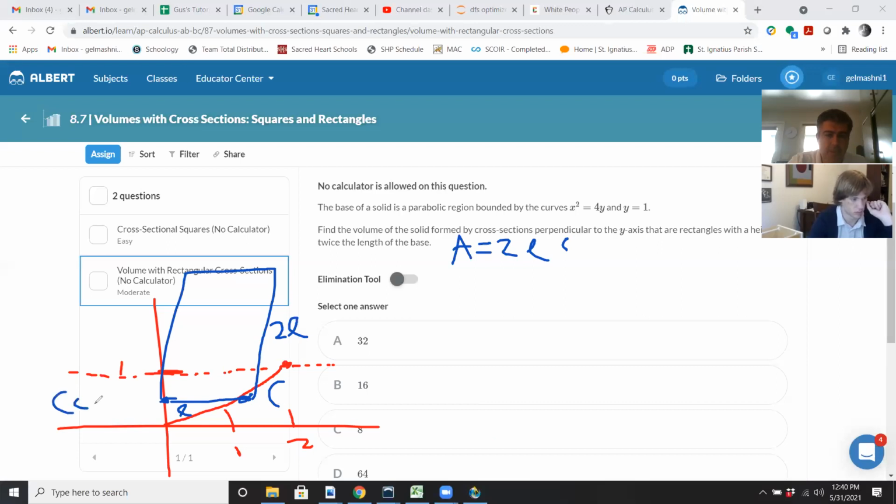So that's 0, comma y. And when you isolate x here, it's 2 root y. So go and figure out the volume for me. Remember, you're integrating this as x in terms of y, not the other way around.